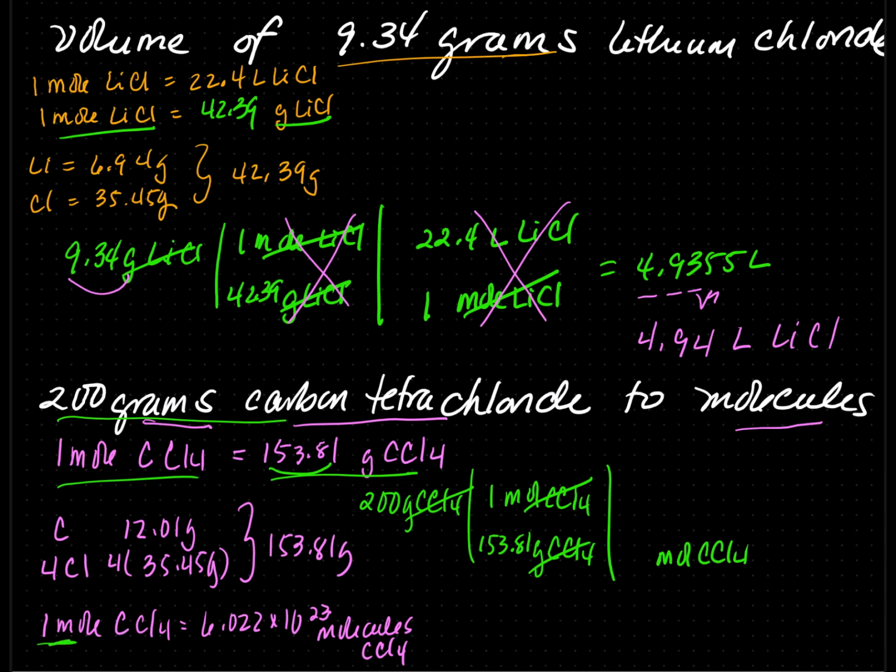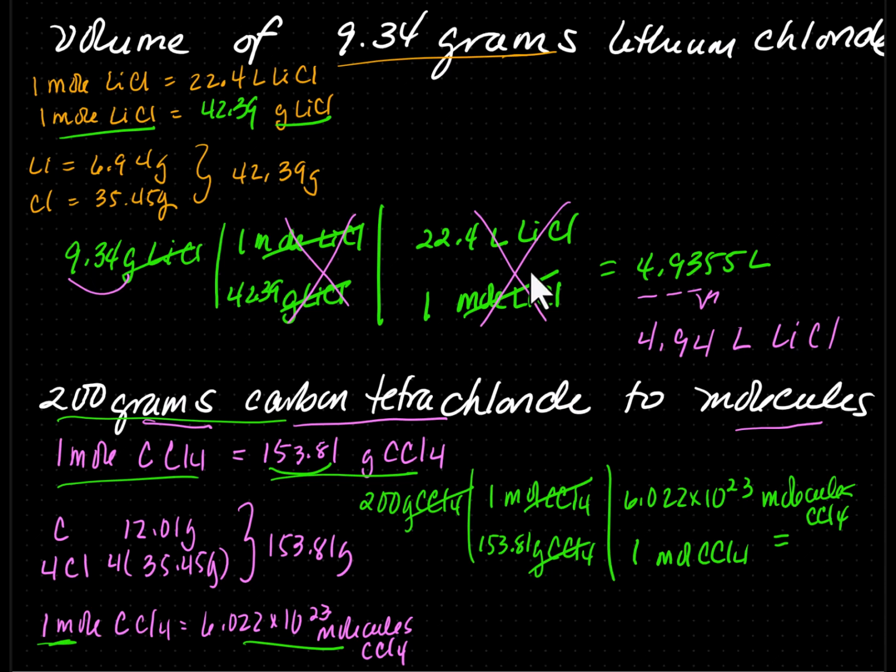There's 1 mole. We're going to go to molecules, Avogadro's, because they're equivalent. Molecules of CCl4. Do not abbreviate molecules as MOL. That's incorrect. That's the abbreviation for moles. So we're going to multiply 200 times 1 times 6.022 times 10 to the 23rd divided by 153.81 times 1.